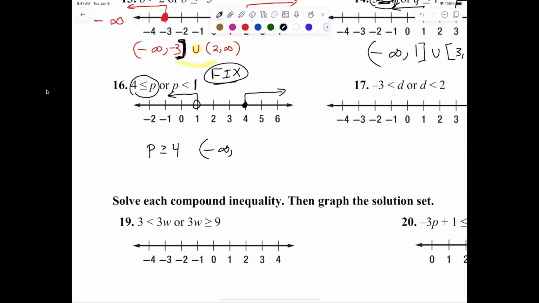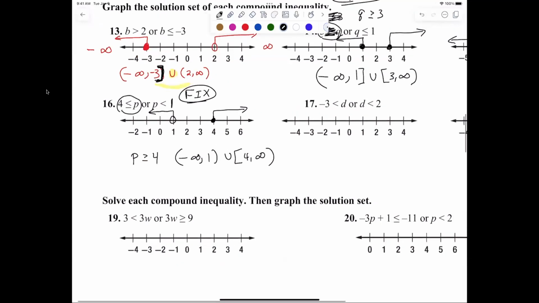One, good. Parentheses. Yes. Go. Bracket, 4, 1, infinity. Yep. Easy as that. Everybody's good with 16? Anybody have any questions?